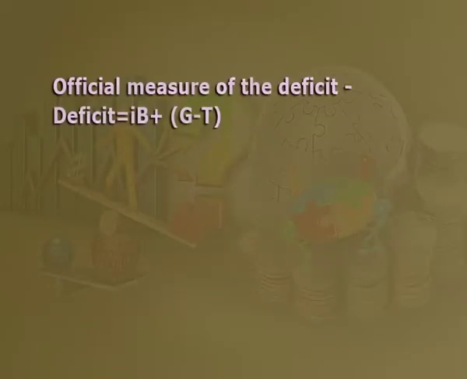By this equation, we measure interest payment as real interest payment, that is, the product of the real interest rate and the existing debt, because the official measures of the deficit use actual interest payments, which is incorrect and can seriously be misleading. The official measure of the deficit is equal to iB plus G minus T.